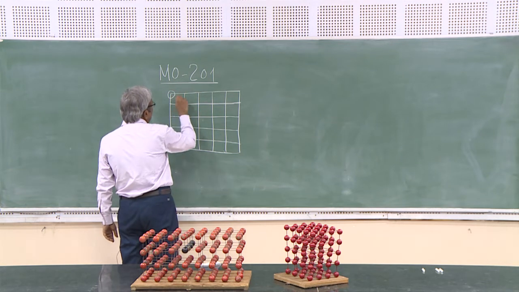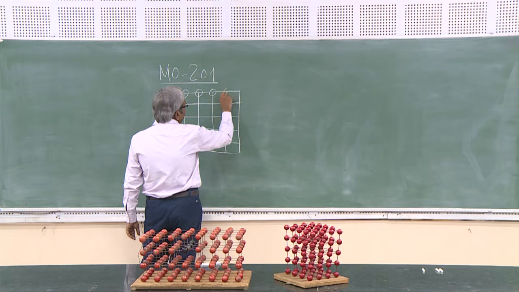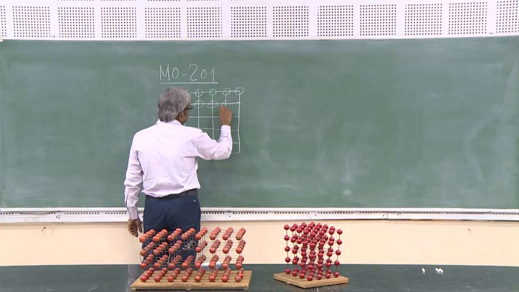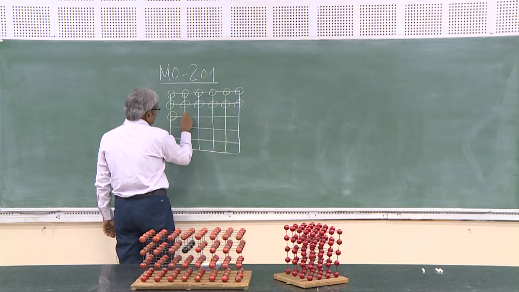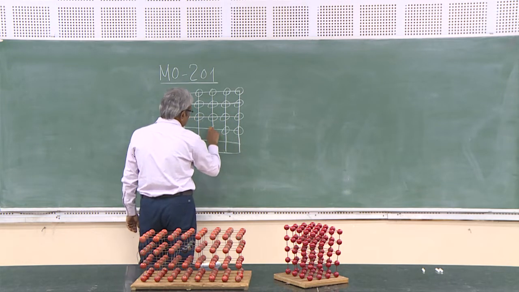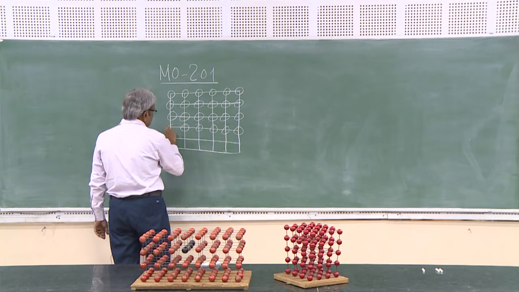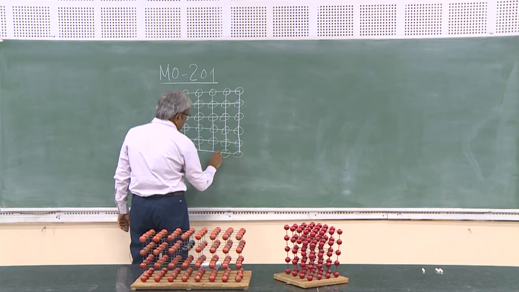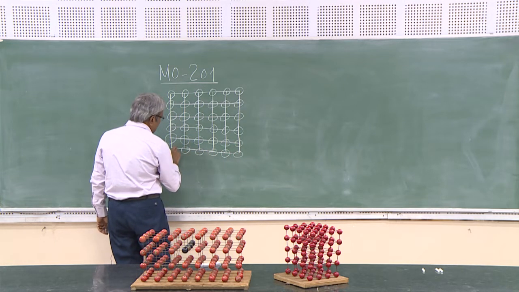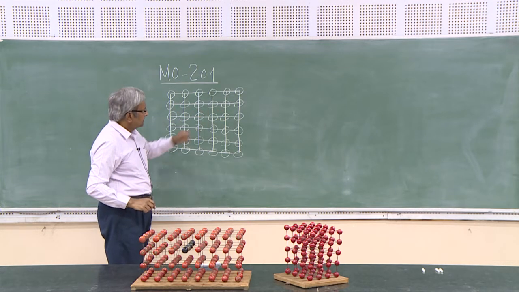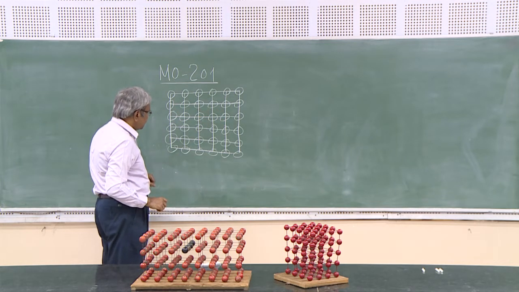Suppose that all of them are the red atoms. Consider that all of them are at equal spacing. That is the first point.